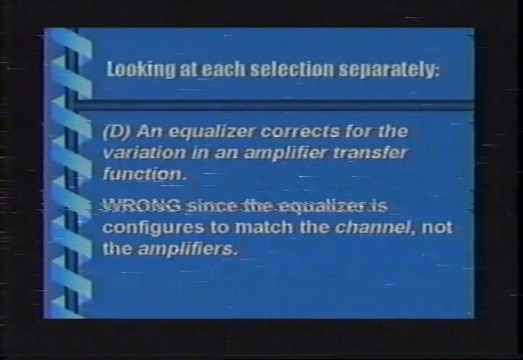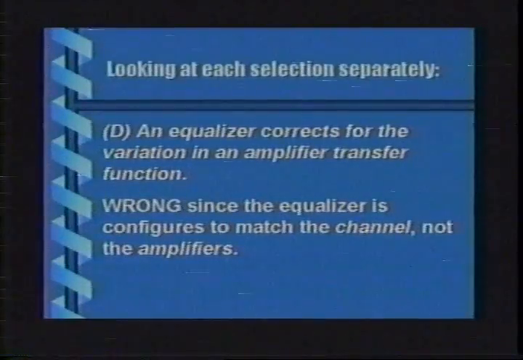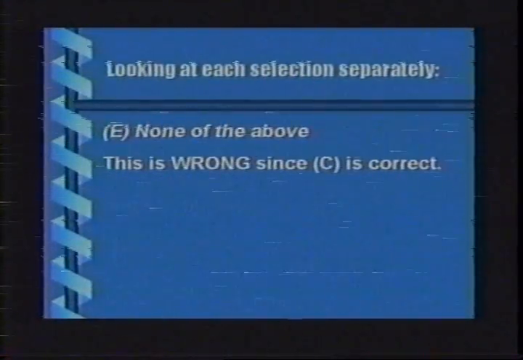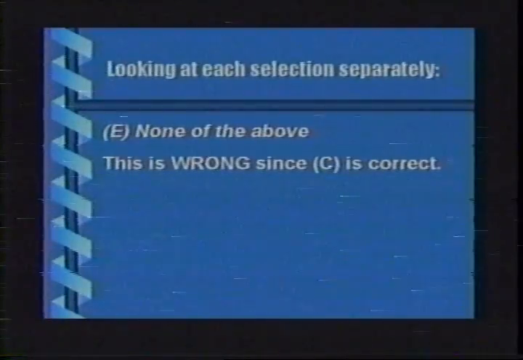D says that an equalizer corrects for the variation in an amplifier transfer function. Well, this is wrong since the equalizer is configured to match the channel, not the amplifiers. Well, finally, E says none of the above. This would not be correct because we already found that C is the correct answer.